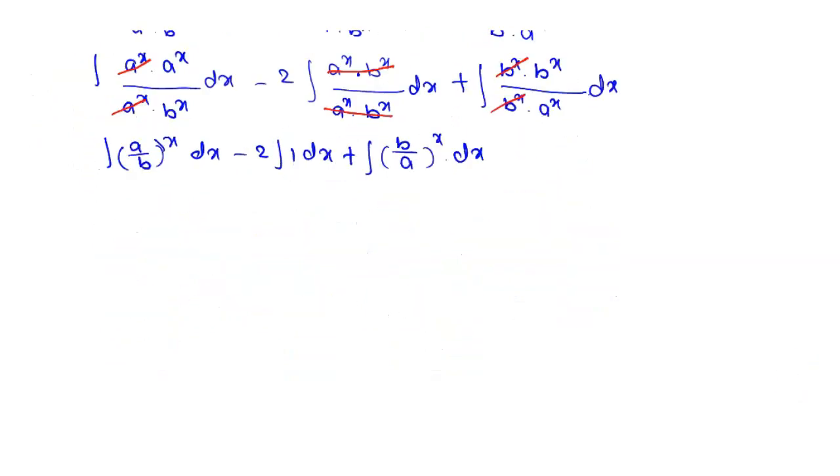Right. So now we have the formula: the integration of a power x dx is equal to a power x by log a. And one more formula, integral 1 dx is equal to x plus c.